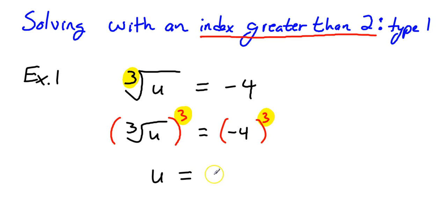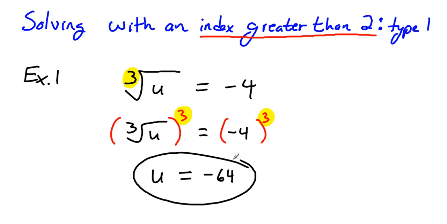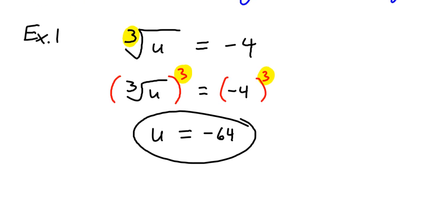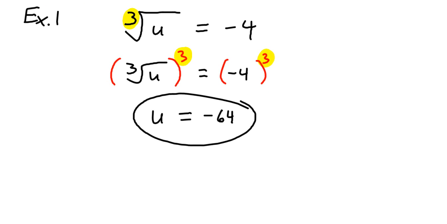And then we do -4 cubed, that's a -64. Your type 1 problems on these are all going to be pretty straightforward like that.